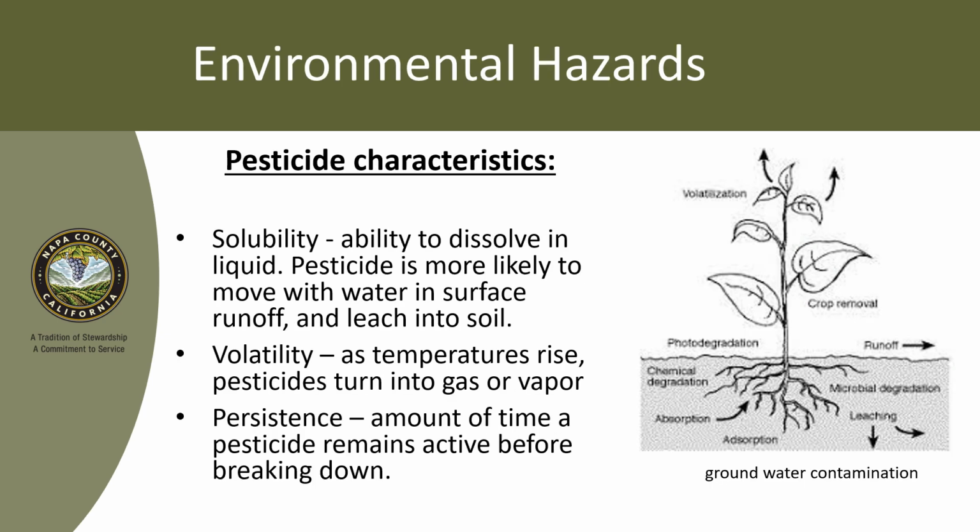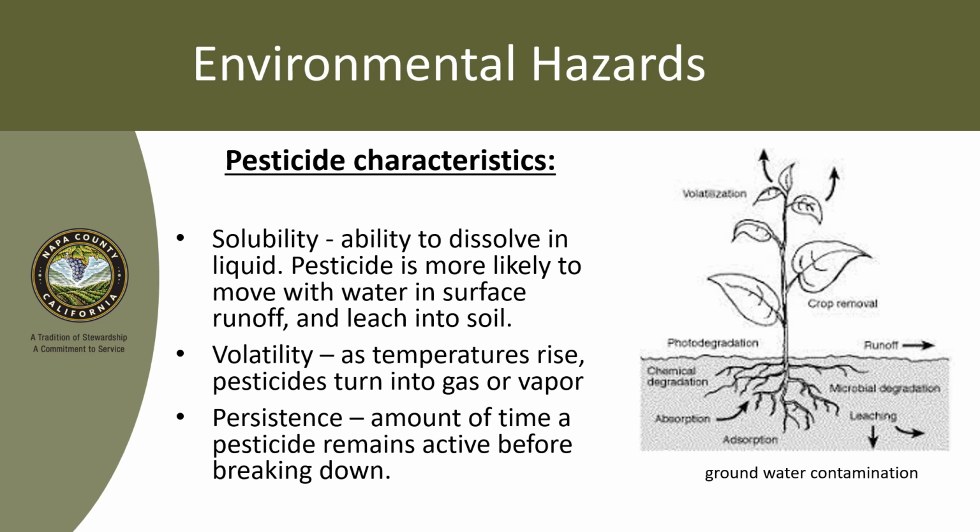Okay, let's talk about some environmental hazards and the characteristics of pesticides. So solubility is simply the ability to dissolve in liquid. That's all it is. And the issue with solubility is that it means that a pesticide is much more likely then to move with the water in solution, and it travels in surface runoff and or it can leach into the soil.